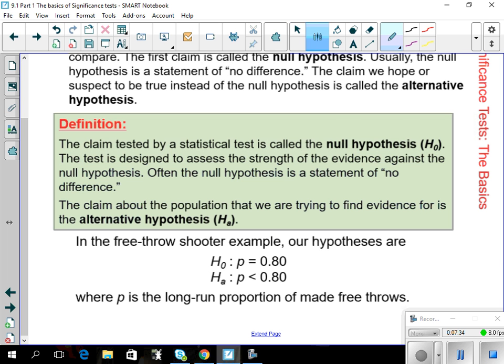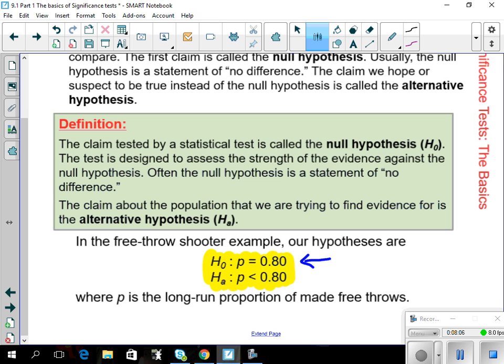In this case, in our example of our free throw shooters, and this is the notation that we would be looking at, I like to call them the ho and the ha, okay? H sub O stands for the null hypothesis. That's my ho. And my ha is my alternative hypothesis. That's H sub A. And that, in this case, is going to be the second one that I've listed, okay? Here's important information. The ho, right?